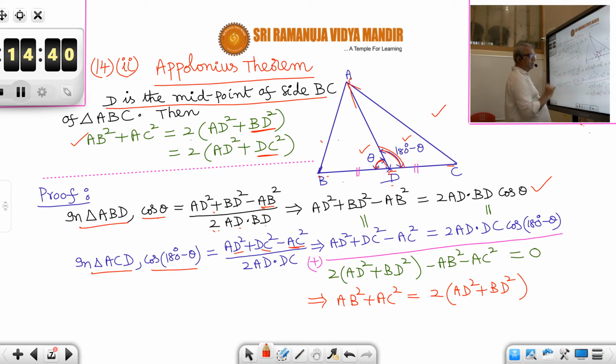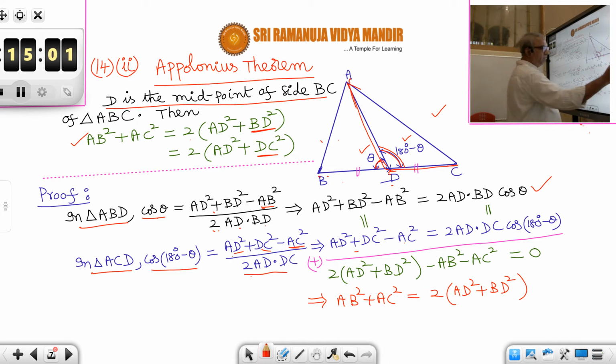You will get minus sign for that, minus AC square by 2AD into DC. Okay. So now cross multiply. AD square plus DC square minus AC square is equal to 2AD into DC into cos 180 minus theta.